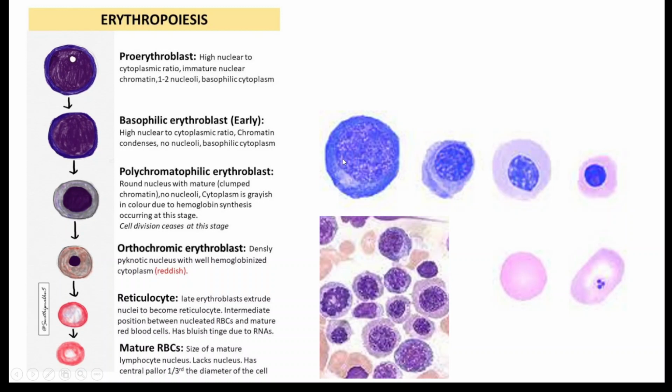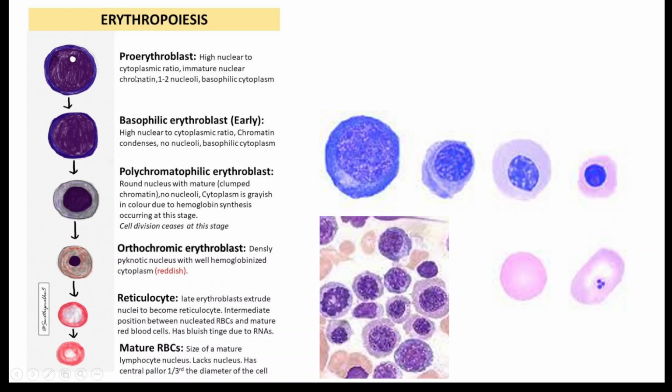Erythroblast is a cell with a very high NC ratio, coarse chromatin, and a deep blue cytoplasm. It's very unique when you see it in the bone marrow. As the erythroblast starts maturing, the nuclear size progressively keeps decreasing and the hemoglobinization of the cytoplasm starts occurring.